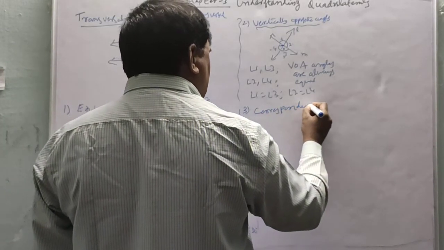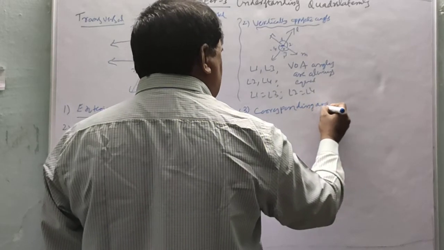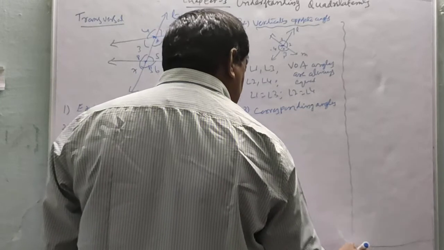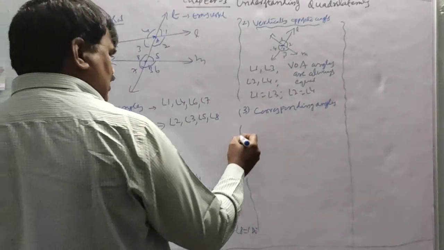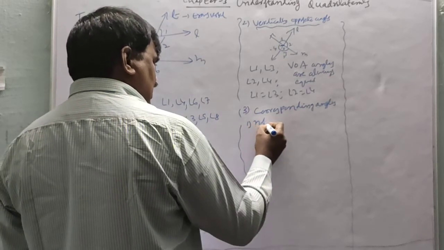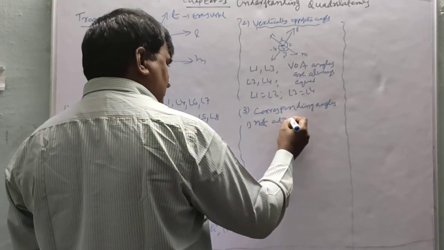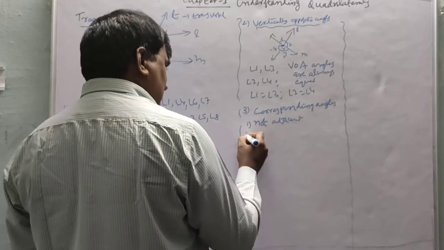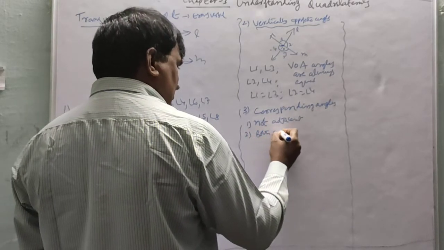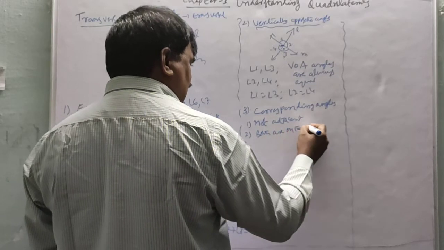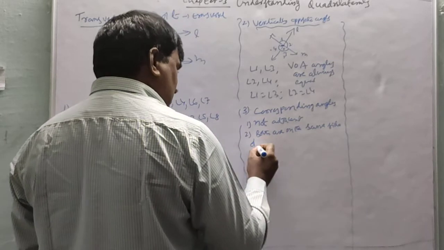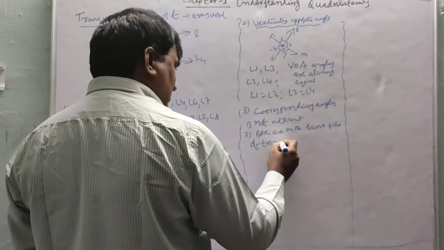What is the definition of corresponding angles? Here to be corresponding angles there are certain properties. First one, not adjacent. The pairs of angles cannot be adjacent. Next one, both are on the same side of transversal.